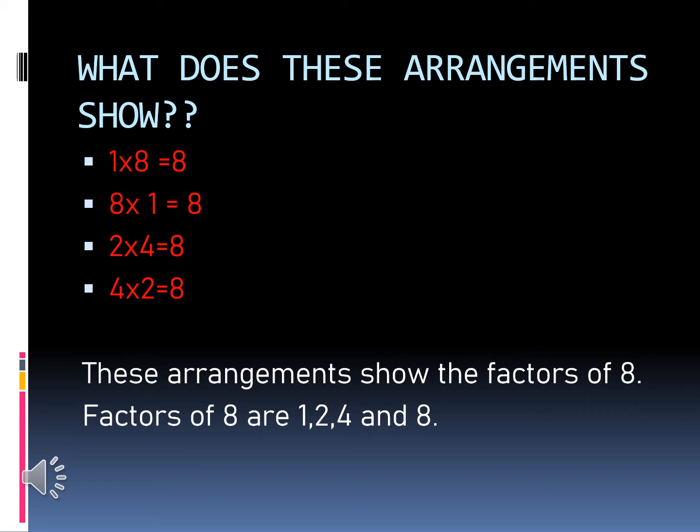So these arrangements show the factors of 8, right? So factors of 8 are 1, 2, 4 and 8. There is none other number which exactly divides 8. So through arrangements like these, we can find the factors of numbers.